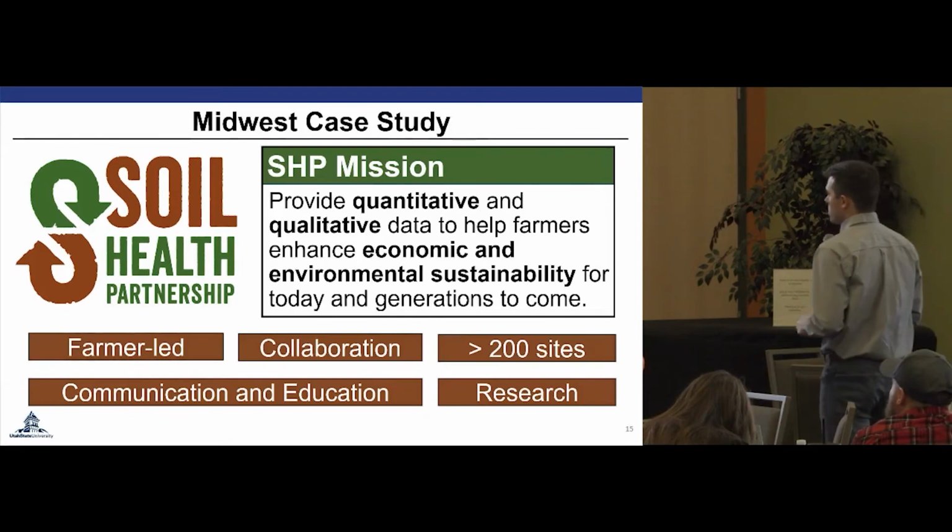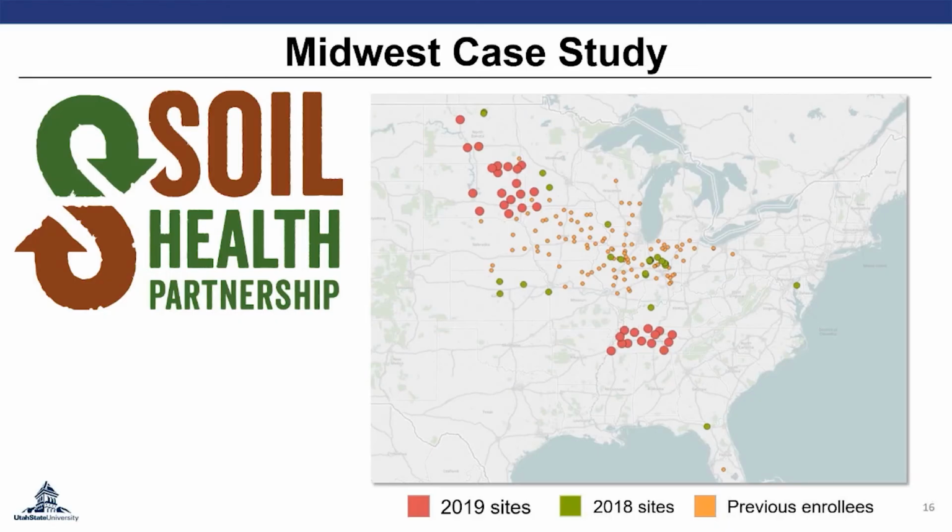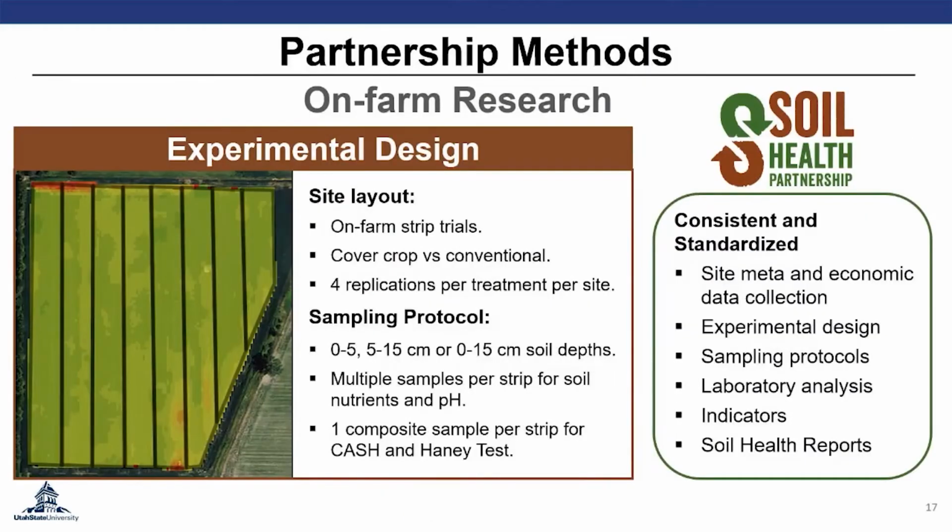This map shows a little bit of the distribution of the sites that they have across the country. It's focused mainly in the Midwest right now. There are over 100 full partnership sites. And the experimental layout has 4 replications of a soil health treatment versus the farmer's conventional.